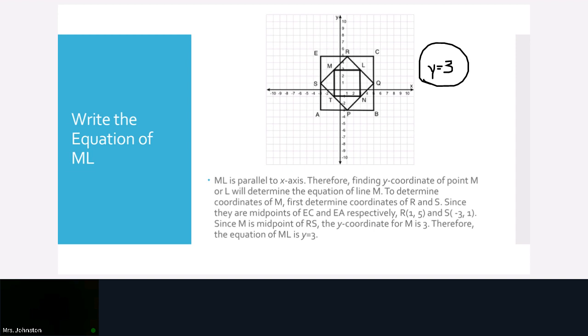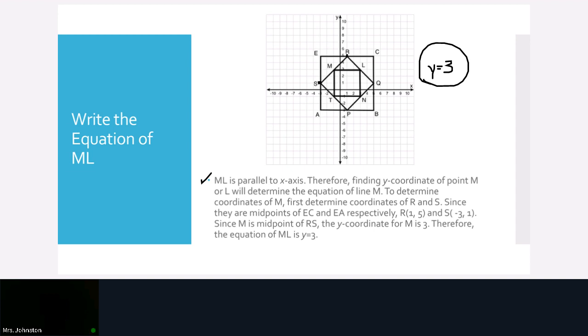So ML is parallel to the x-axis, therefore finding the y-coordinate of M or L will determine the equation of line ML. That's true. To determine the coordinates of M, first determine the coordinates of R and S. Since they are midpoints of EC and EA respectively, R is (1, 5) and S is (-3, 1). So let's see where R is right here, and S is right here.